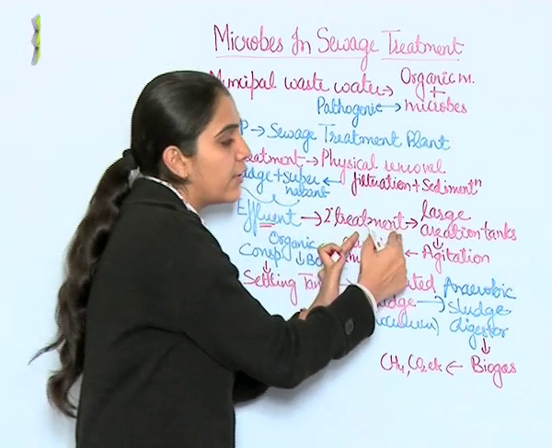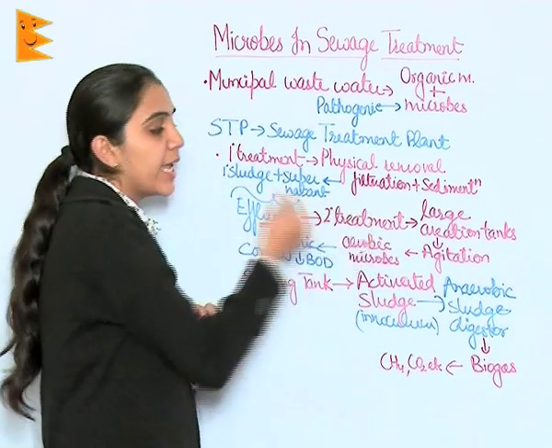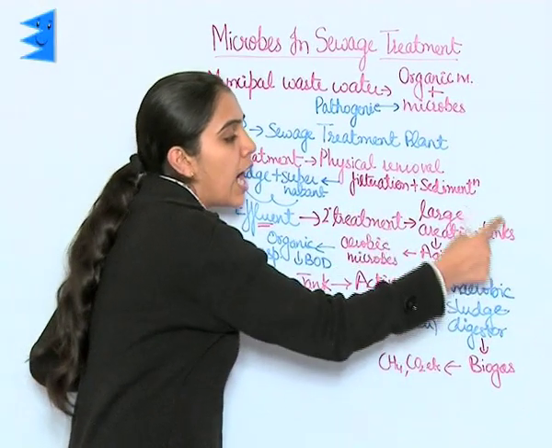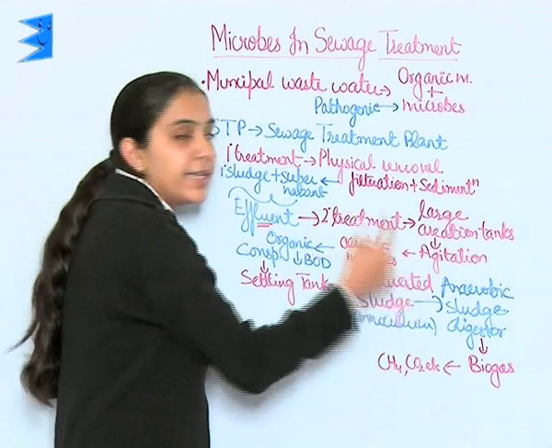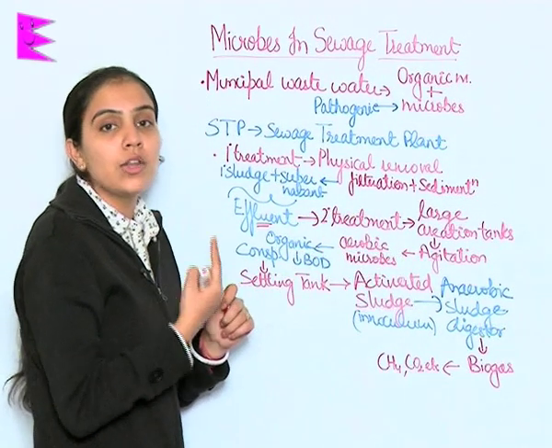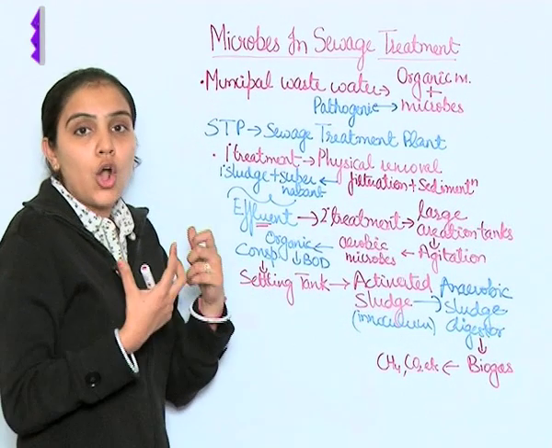This goes to secondary treatment, which involves the action of microbes. In secondary treatment, this effluent is passed on to large aeration tanks fitted with agitators. These agitators continuously move and thus help in the circulation of oxygen.